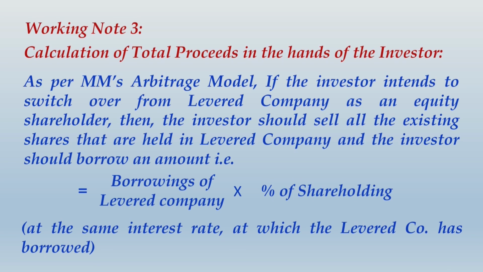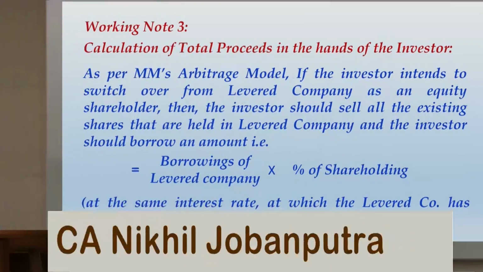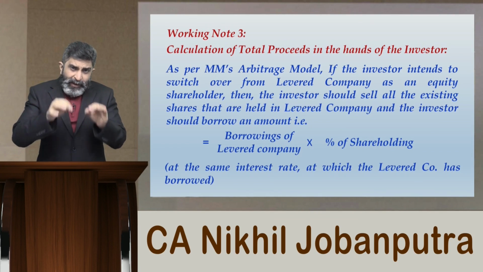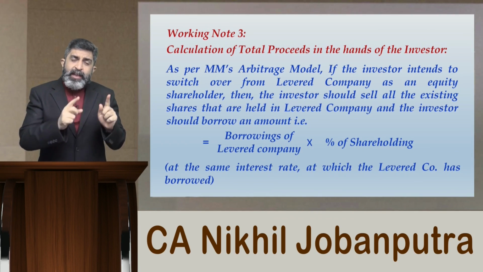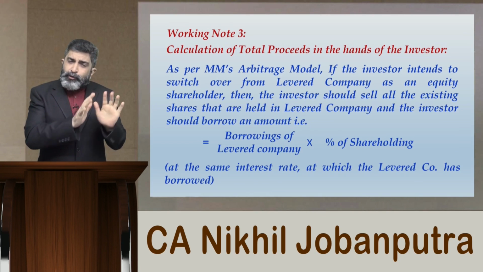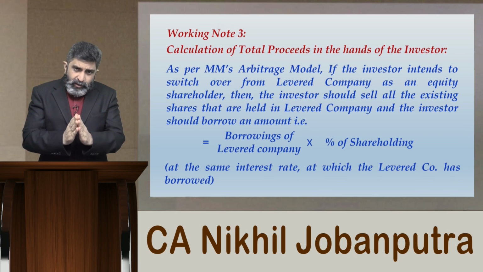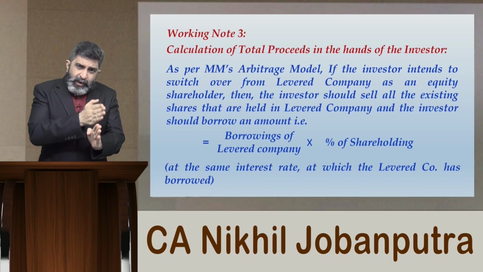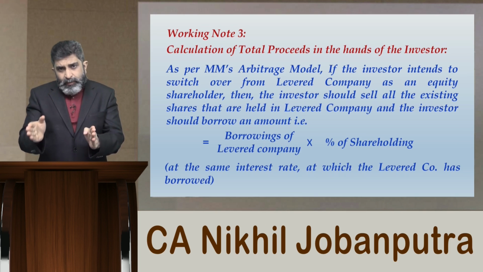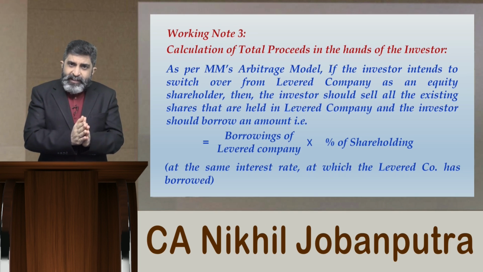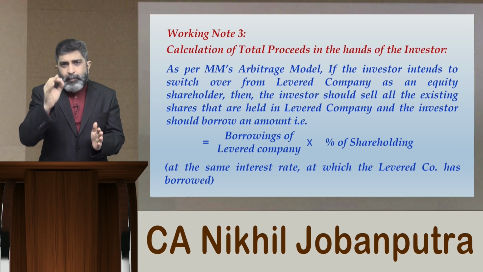Alright friends, I am sure you would have finished writing this whole thing. Before I take you further, let me explain one thing over here. Please understand, our investor was a shareholder in company X Limited, which was a levered company. As per MM's arbitrage model, switching over of your investment from a levered company to unlevered company, one very important thing that you will have to do is create personal borrowings.